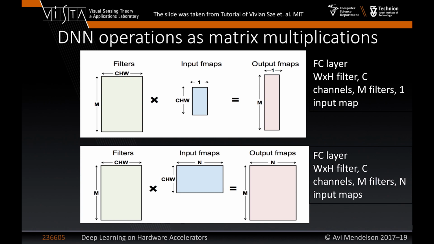For example, we want to do convolution, so we have some window, and we take the window and we shift the window with the stride, etc. This is the way that we describe it when we are talking about sequential execution.